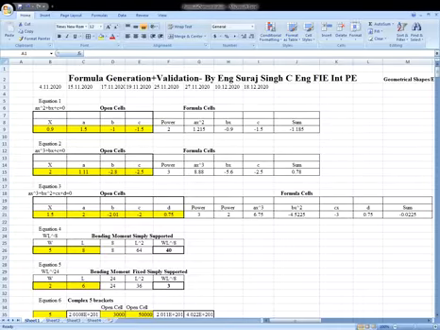whatever formula you want to convert, the best way is to understand that one step by step. Maybe sometimes you do it wrong, no problem.